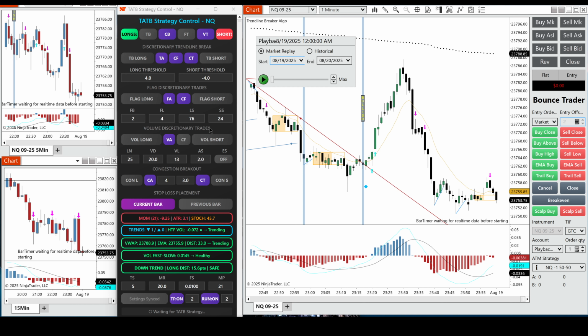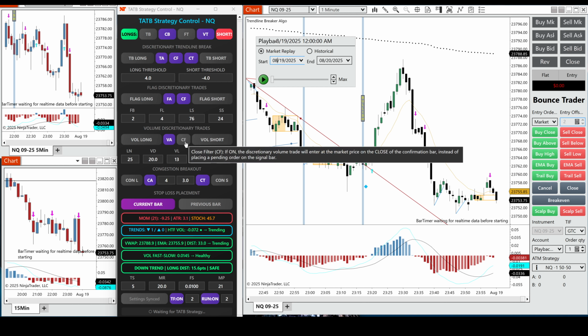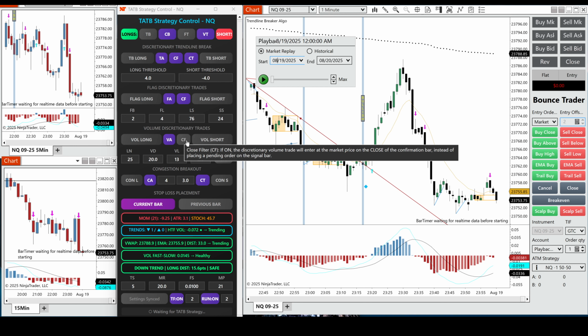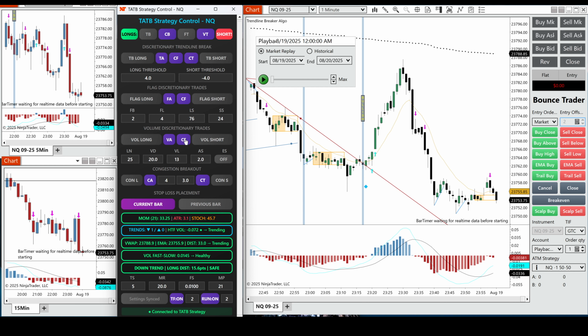Discretionary, there are no other rules except for what is listed here. Let's say you want to enter a volume trade, long or short. You just press this button, and if you want to close be above the previous, then you mark this as your button.